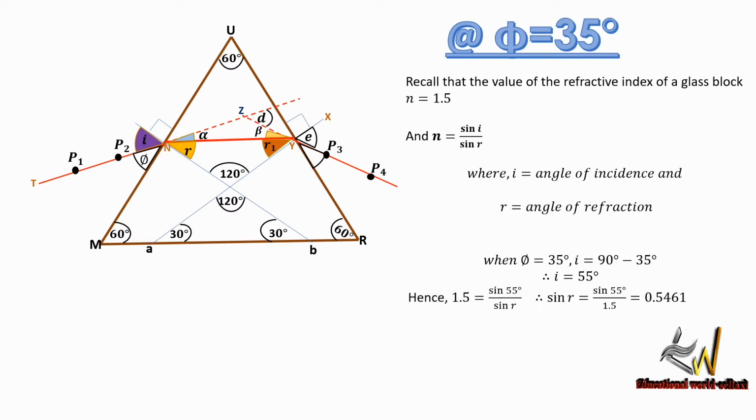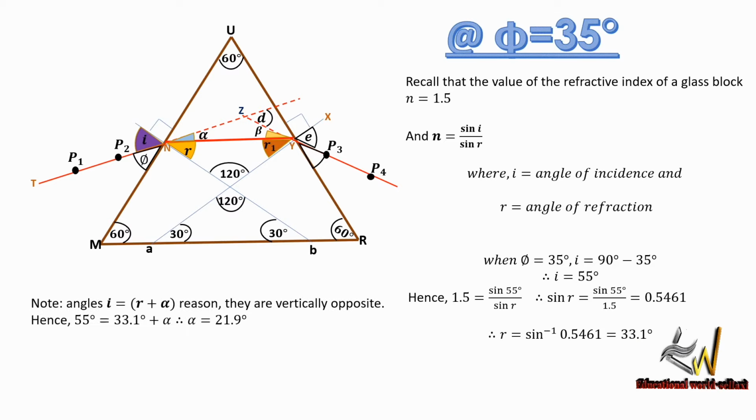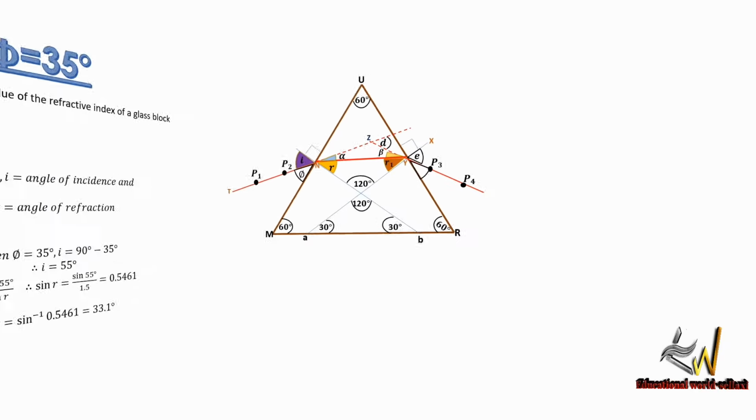And substituting the value into the formula and simplifying everything, we will be left with R equal to 33.1 degrees. Now vertically opposite angles being equal, hence I is equal to R plus alpha, hence 55 degrees is equal to 33.1 degrees plus alpha, therefore alpha is equal to 21.9 degrees.